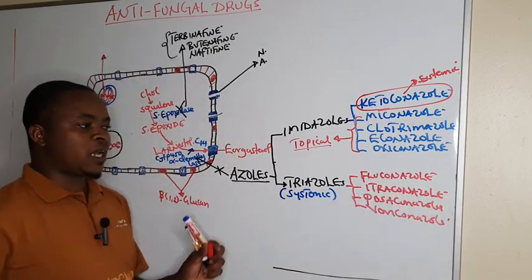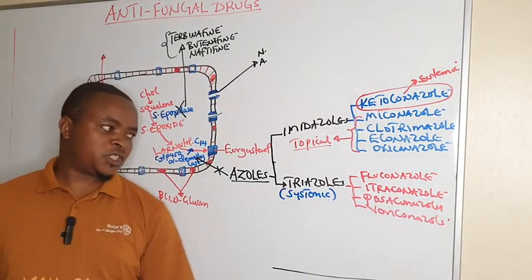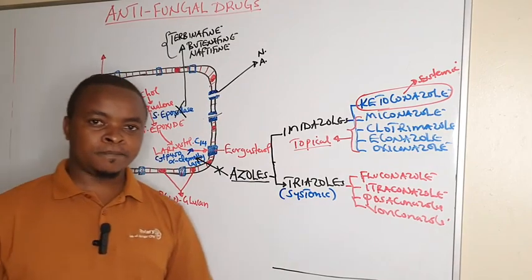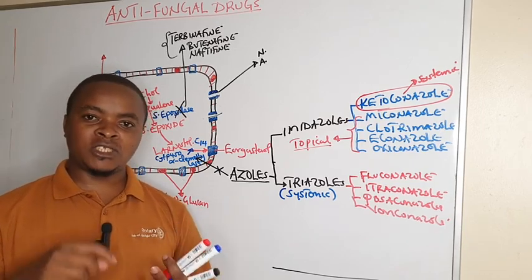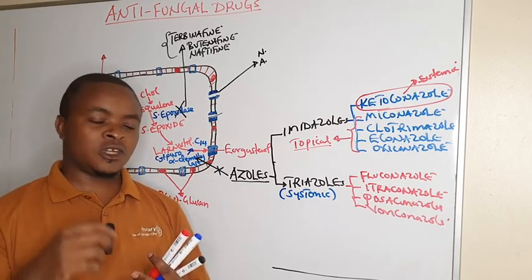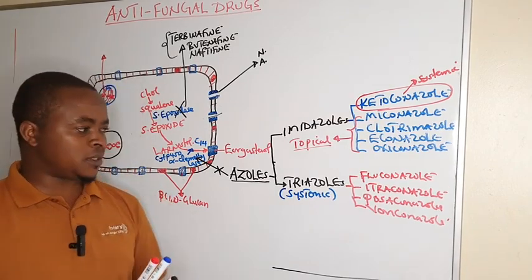So these are the examples of triazoles which deal with systemic infections such as blastomycosis, histoplasmosis, and coccidioidomycosis.